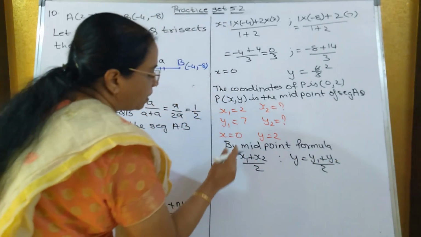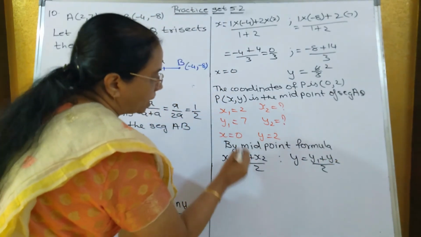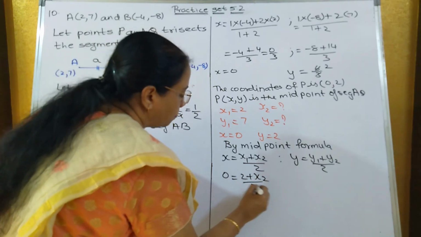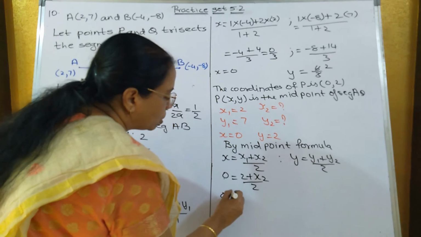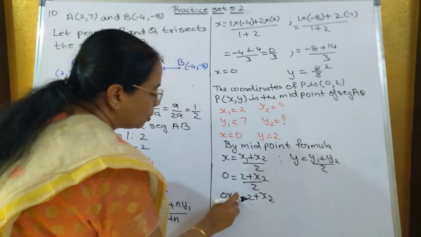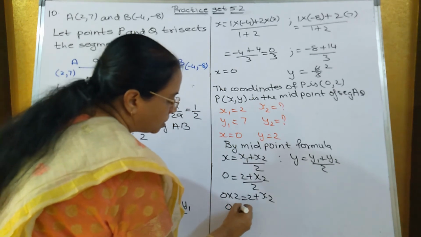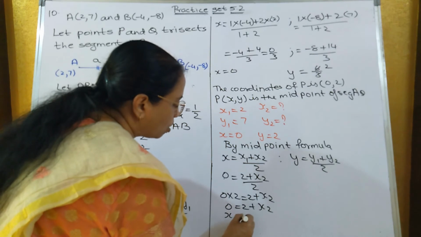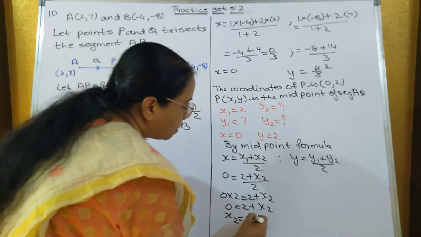Here x we know 0 is equal to x1 is what? 2, x2 we don't know, upon 2. Take the 2 on this side, so 0 into 2 is equal to 2 plus x2. 0 into 2 is what? 0 is equal to 2 plus x2. So x2 is equal to how much? When you take the 2 on this side, it will become minus 2.